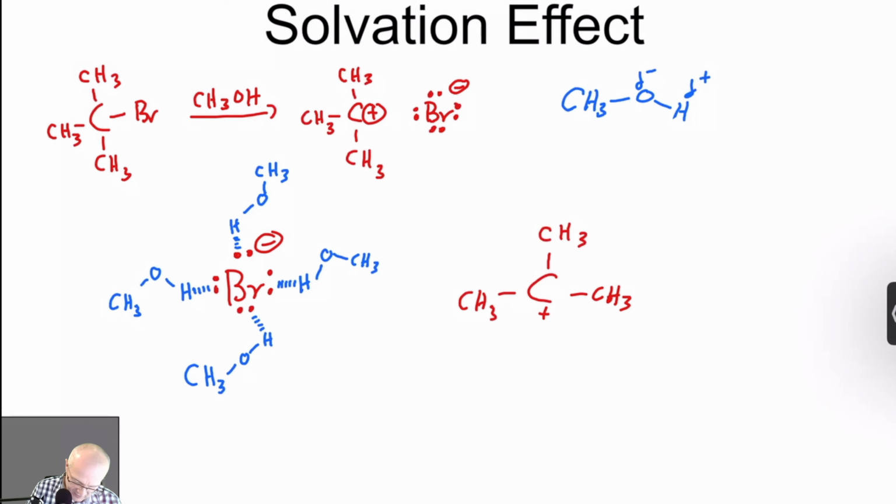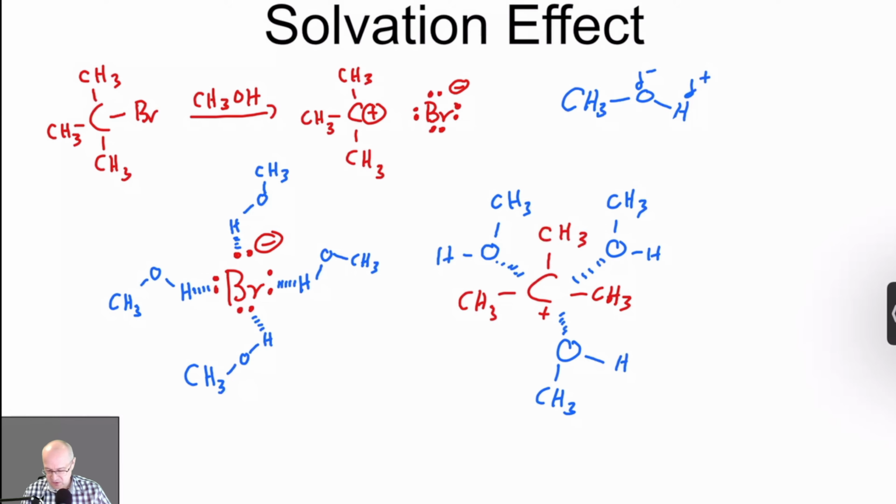So now the negative oxygens will associate with this carbocation. So the oxygens are delta negative, don't forget. So they're going to give that carbocation a negative environment to associate with.